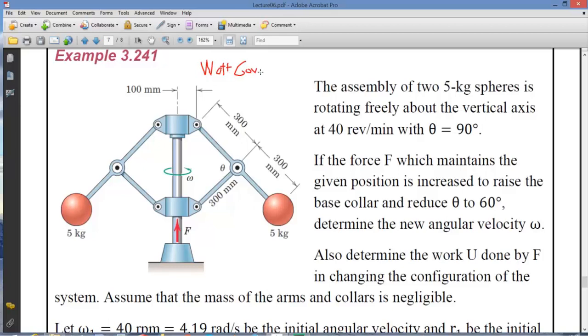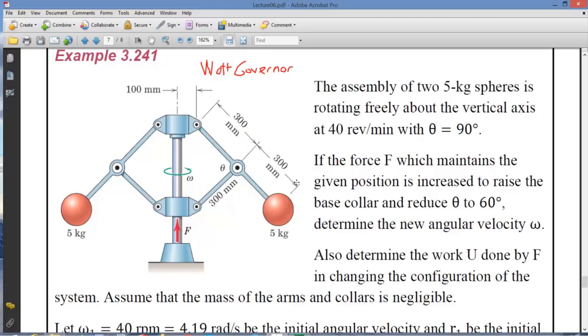It is basically a control system, and it governs the speed of rotation in a steam engine. It was used in that era of the steam engines, and the inventor was Watt. That's why it's called Watt governor.